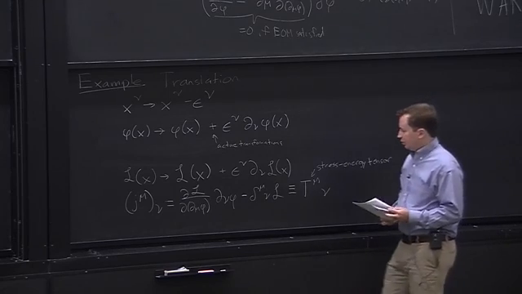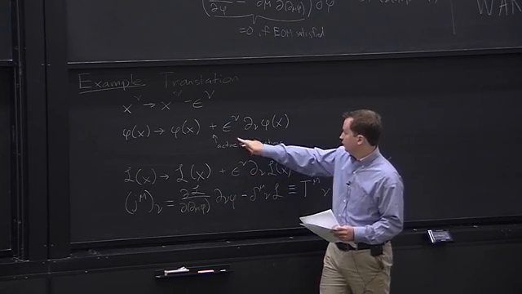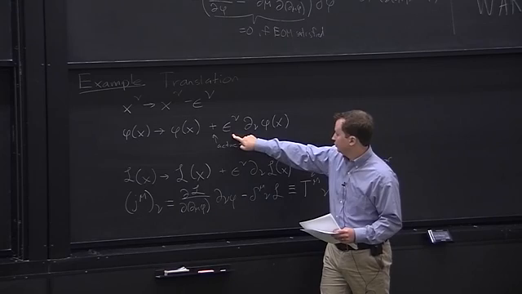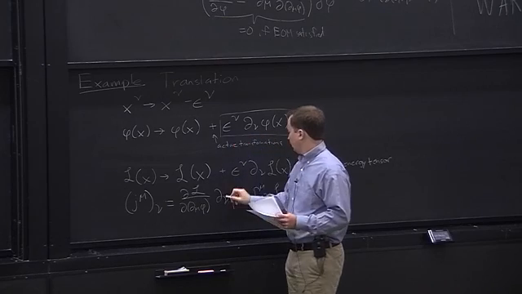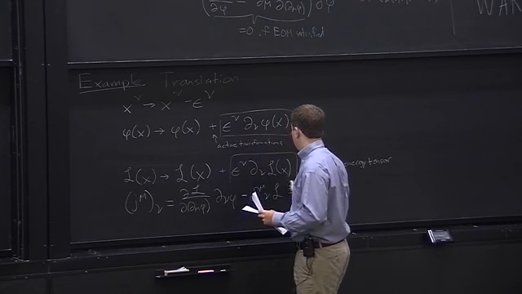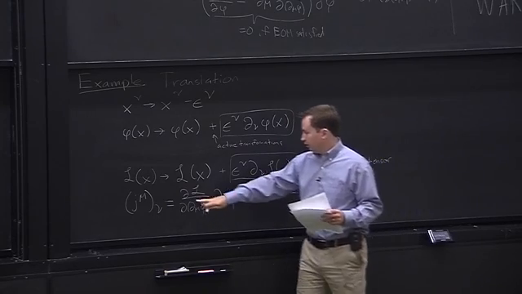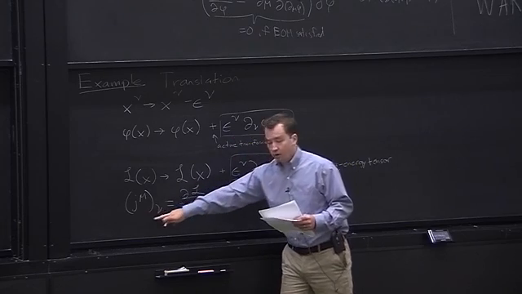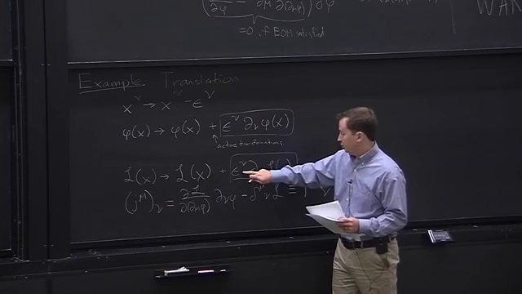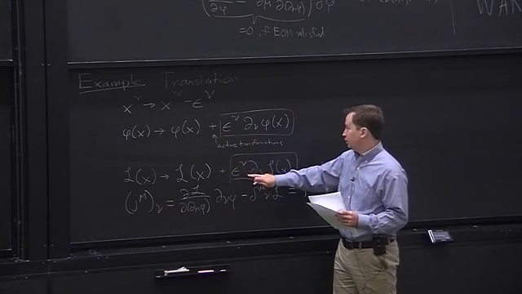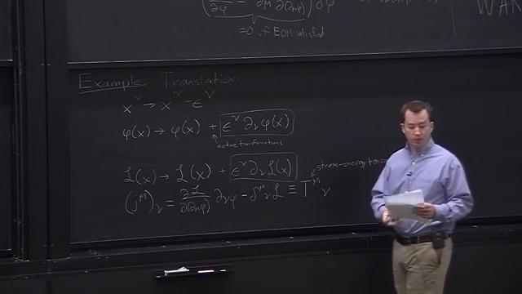So I've basically pulled off this factor of epsilon for both of these terms. If you're wondering about that, the variation you might identify as this whole thing, and this whole thing would be the derivative of F^μ_ν. But if this is conserved for any value of epsilon, then the coefficient of epsilon should also be conserved.